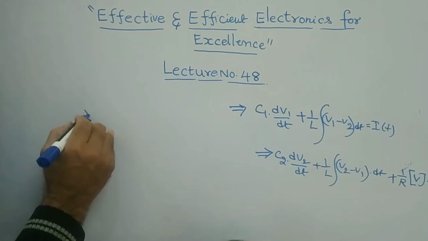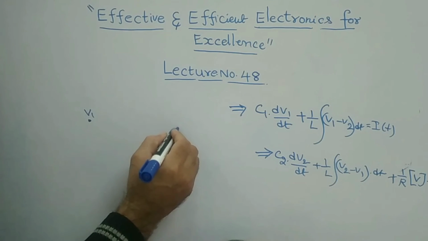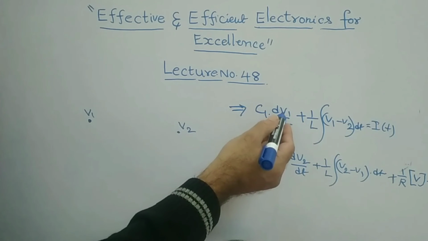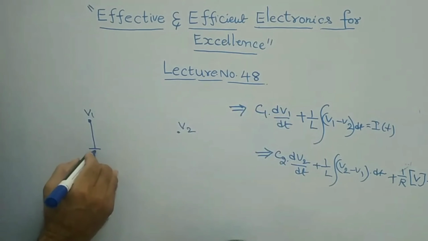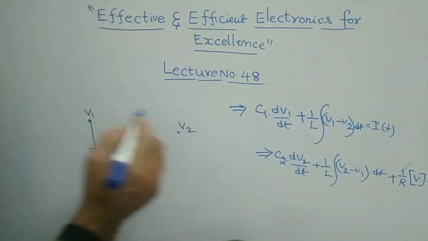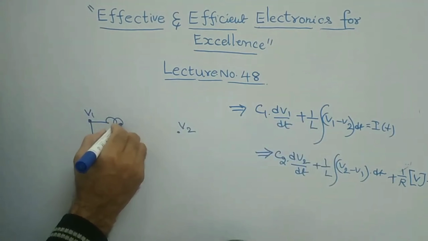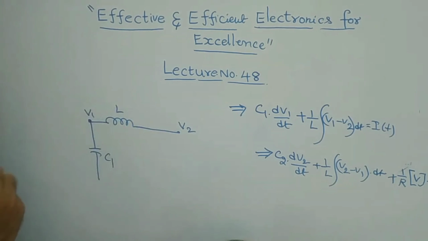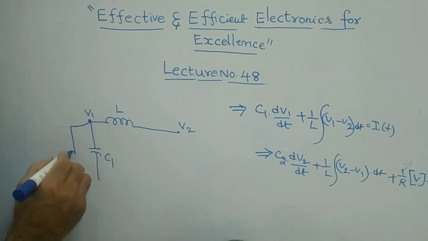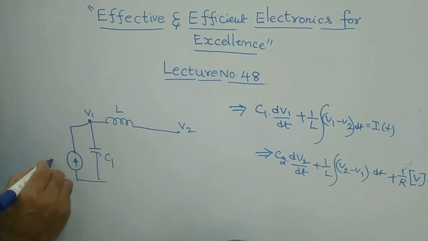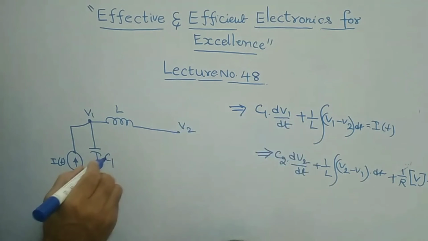Let us say V1, and you can have V2. At node 1, with respect to V1, we have C1, represented like this. And 1 by L is common, so you represent the inductance like this. This is L, obviously. And here you write I of t with an arrow mark; this is I of t with respect to your first expression.